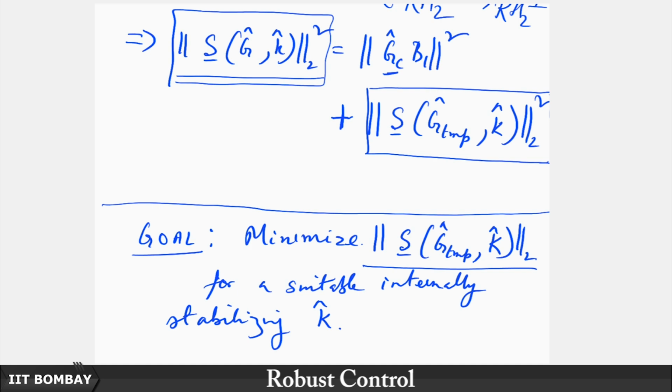Let me elaborate. On the left hand side here you have G hat, from which you compose an auxiliary plant G hat TMP. Now, you just sort of cover up this entire thing, hang on, you just cover up this entire thing here, and you focus your attention only on this part. So, now to start with your plant is just this, right. So, this is now going to take the place of your G hat, or rather this prime of this G hat TMP.